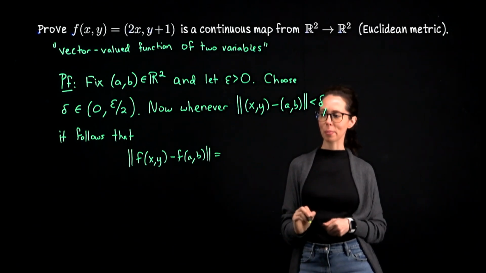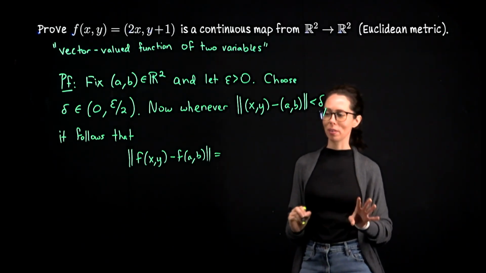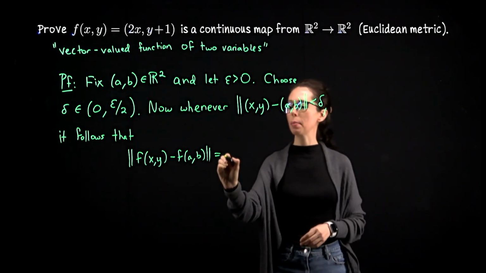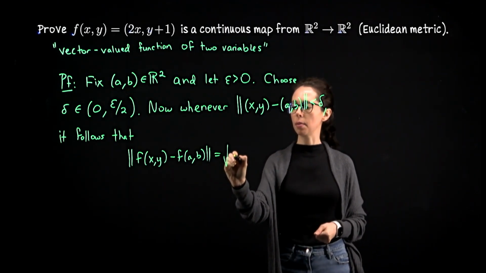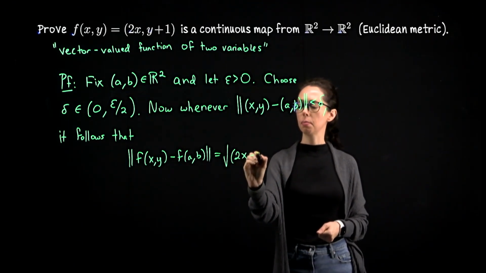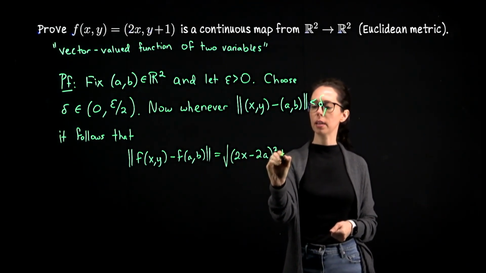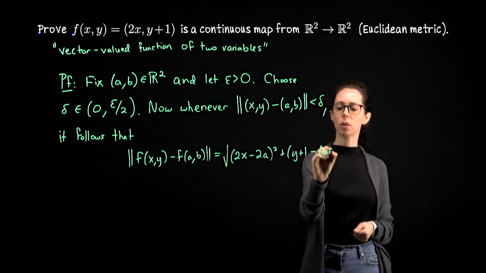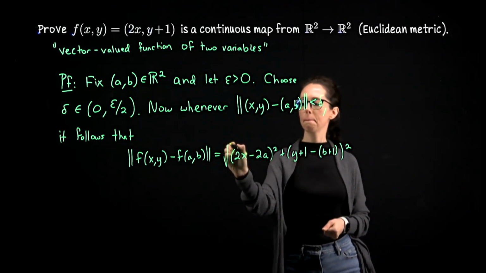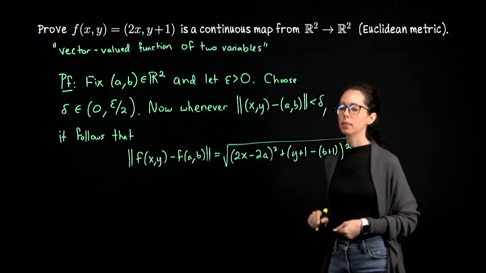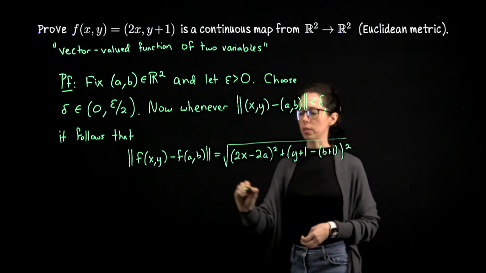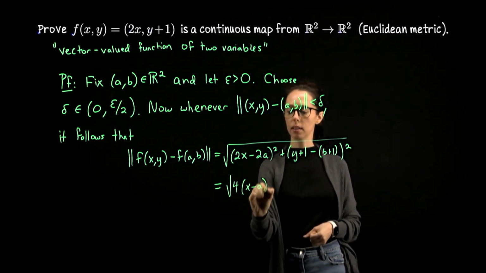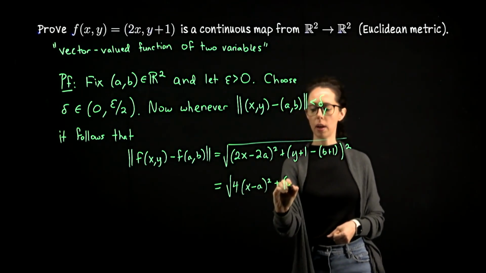To save room, I'm going to jump straight to the square root. Hope that's okay, but if I had a little bit more room, I would write out exactly every step from the scrap. I'm just going to go straight to, how about square root of (2x minus 2a) squared plus (y plus 1 minus (b plus 1)) squared, like that. Okay. And this is equal to the square root of 4 times (x minus a) squared plus (y minus b) squared.